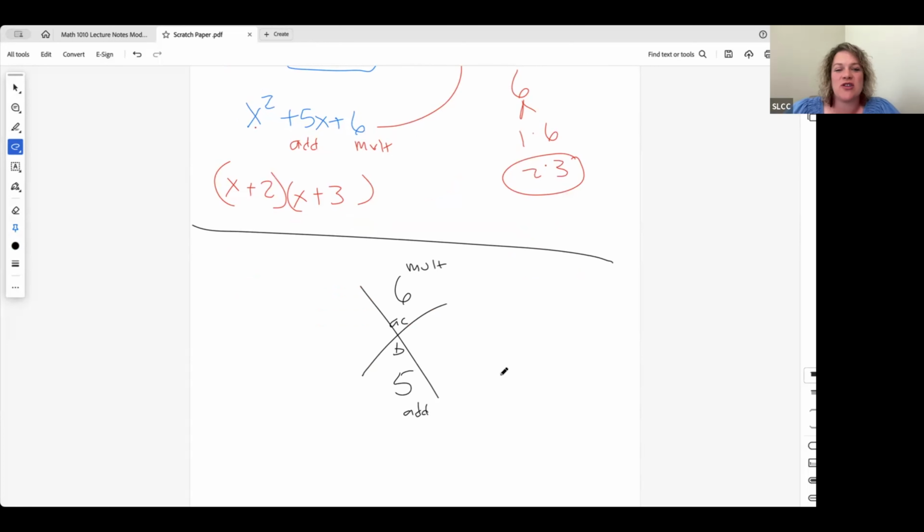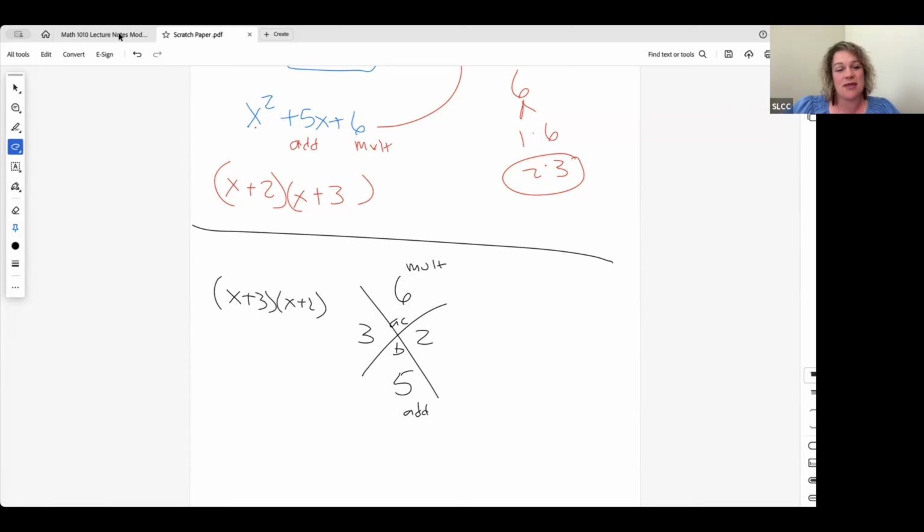It's the same thing we've been doing, you're just writing it in a different format. So think about 6, that's 2 times 3, and that would add to give you 5. So you write 3 times 2, and then you use those to fill in your template. So x plus 3 and x plus 2.